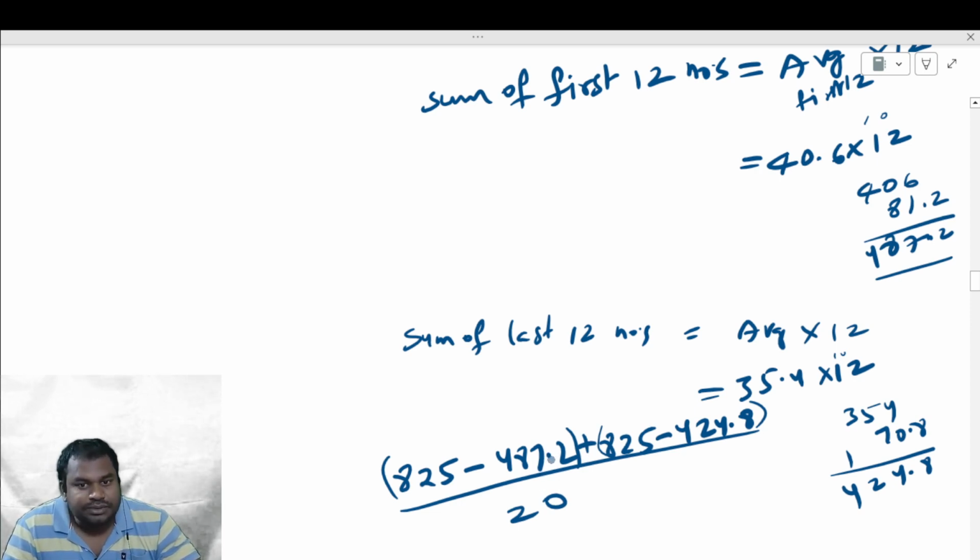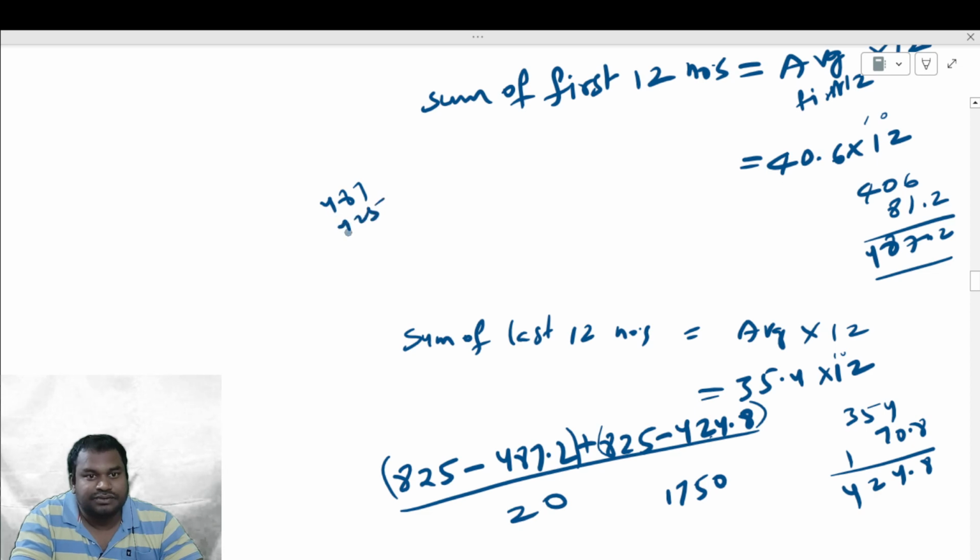Now, I'll do one thing. Here you can add them up. So 825 plus 825 is 1650. Add this point 8 to this point 2, that is 1. So I'll add it to 4, 425. 425 plus 487, 912.